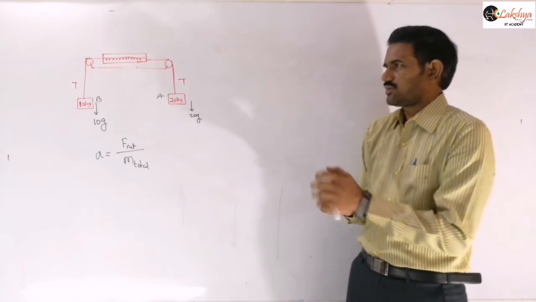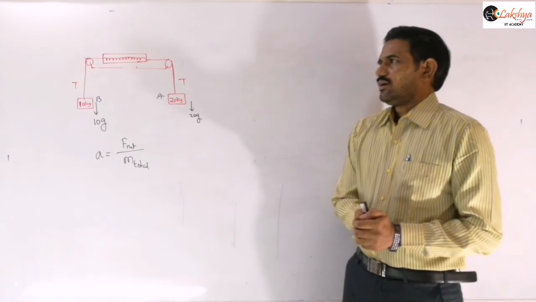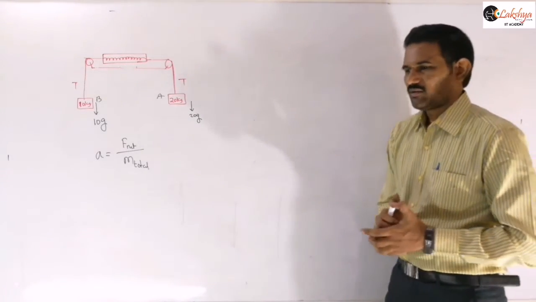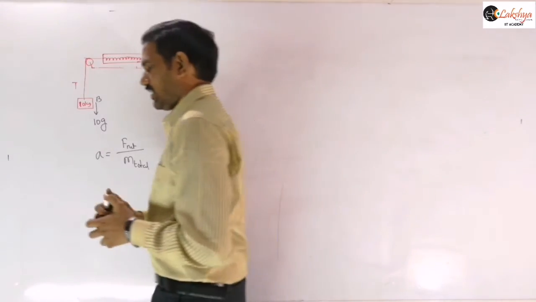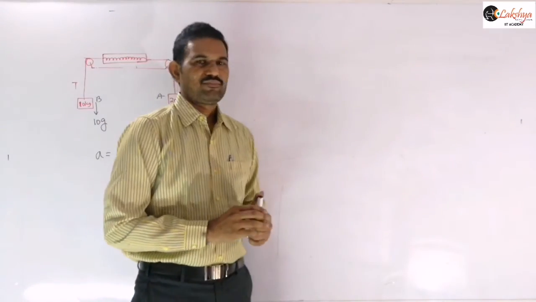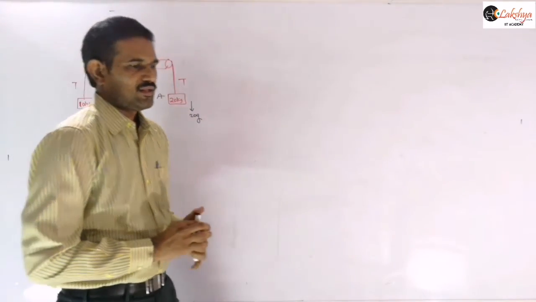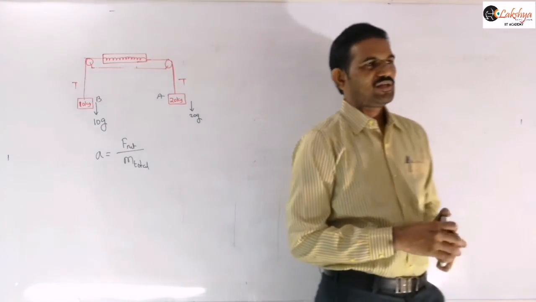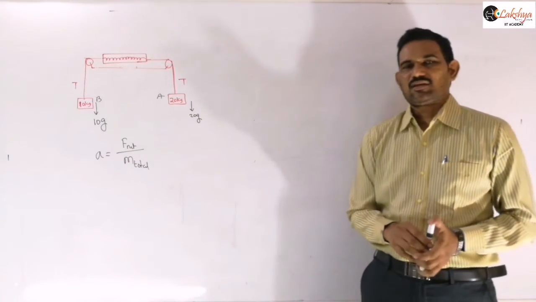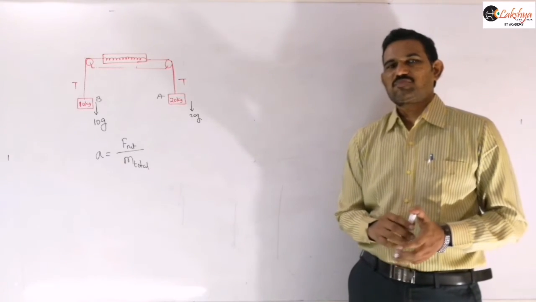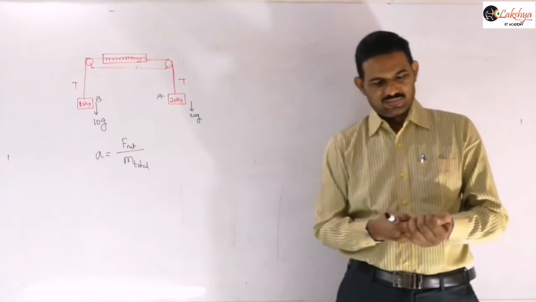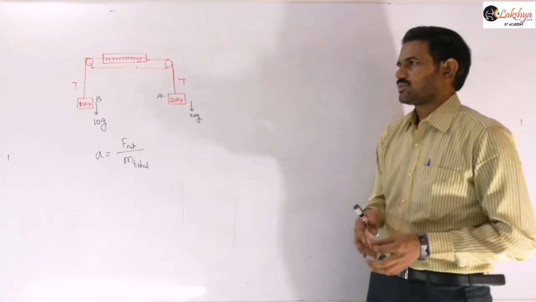So just to mention that, when the spring and the string are connected end to end, the tension in the string is equal to the spring force developed in the spring.